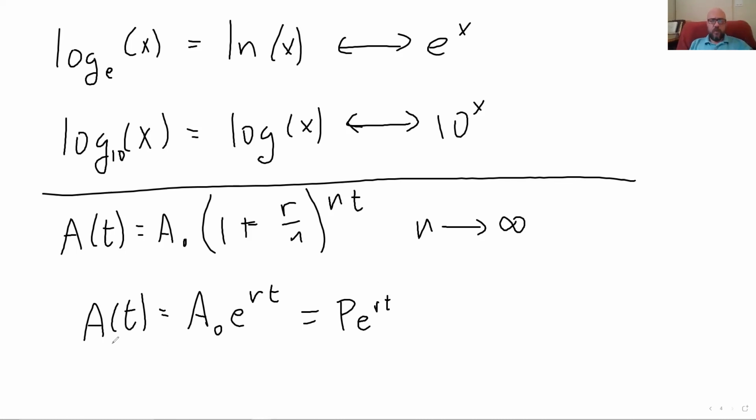So what ends up happening as you let time get subdivided into smaller and smaller chunks, so you're increasing by a smaller percentage every time, but you're doing it more times, is this formula turns into this formula. And that's why e is considered the base of the natural logarithm.